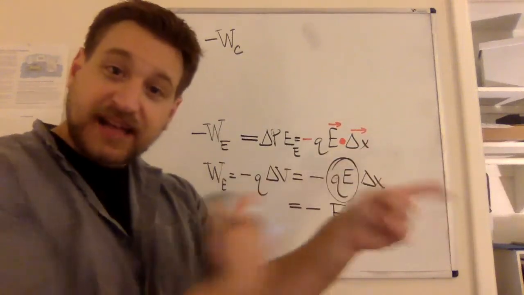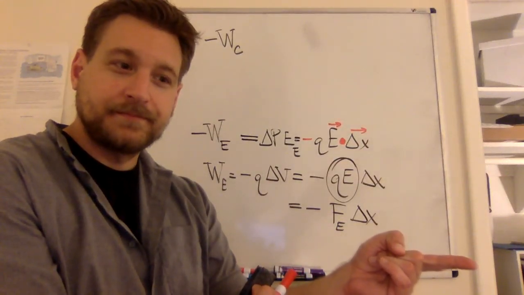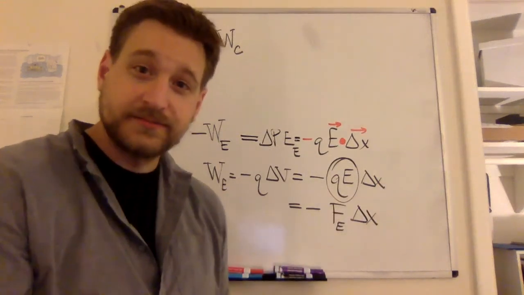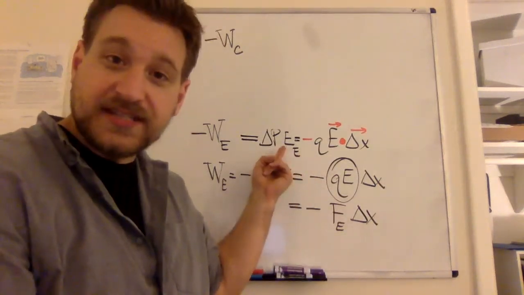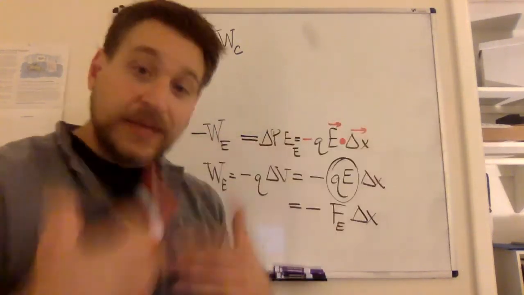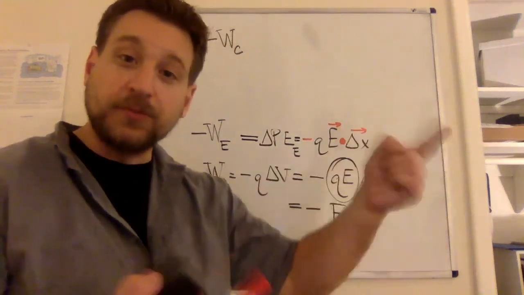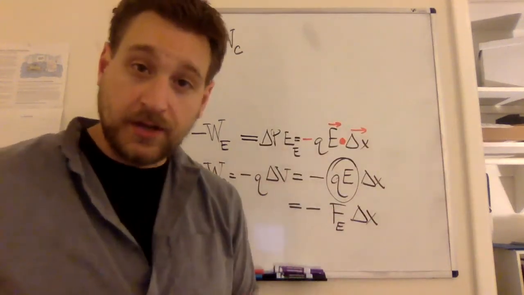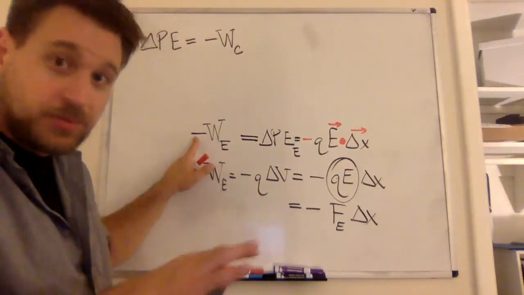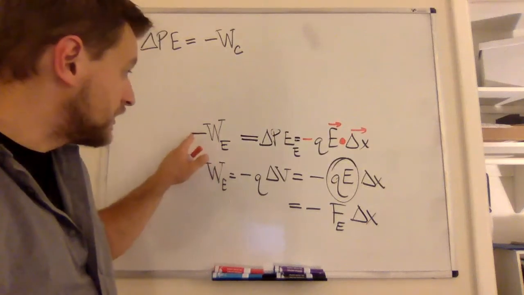The displacement is opposite that. The electric field needs to be doing negative work while the potential energy is increasing. Just like gravity, we push an object uphill, we are doing positive work, but gravity is doing negative work because the object is moving opposite the way gravity wants it to go. So this minus sign is perfectly good. It needs to stay.